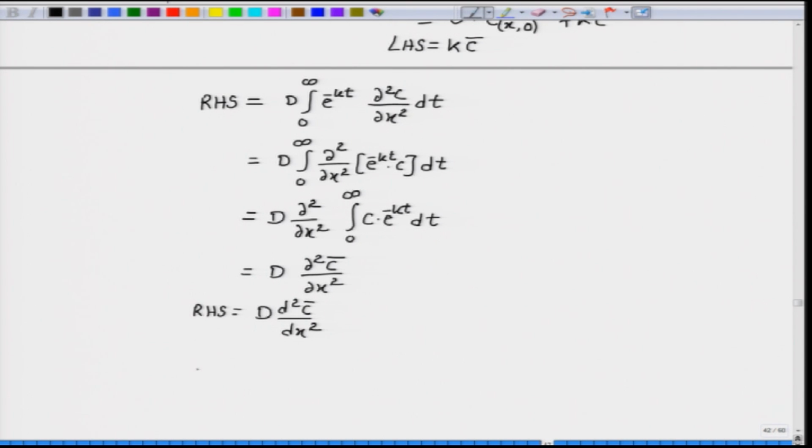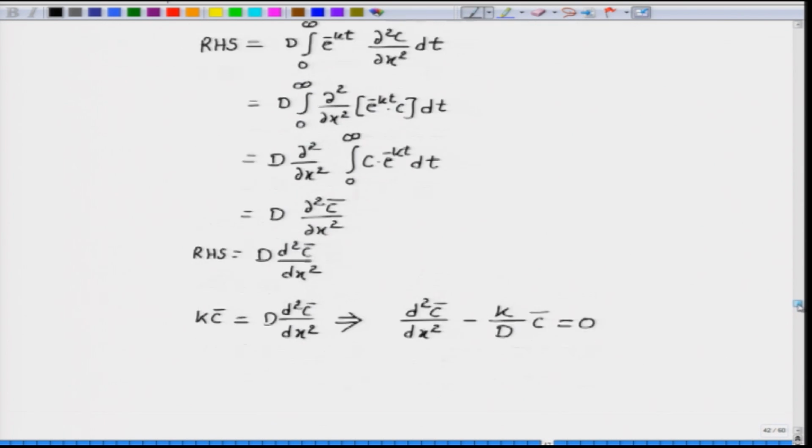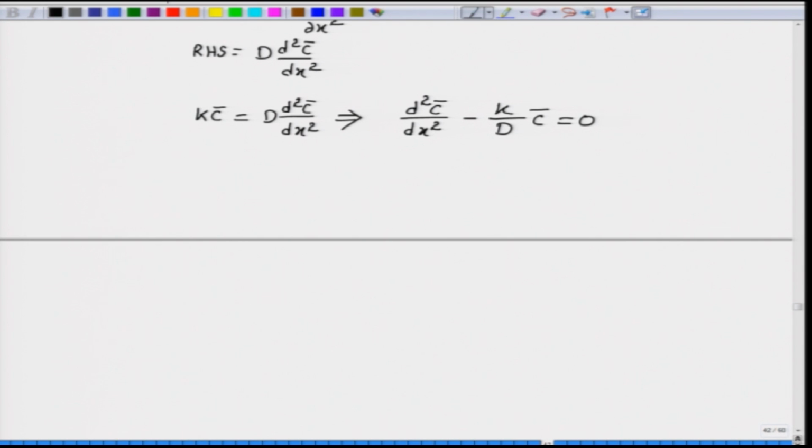And so, if we substitute for LHS and RHS, k c bar equal to d d2 c bar by dx2, or if we rearrange, d2 c bar by dx2 minus, if we take d on this side, k by d c bar equal to 0. This is interesting, right. So, we had a partial differential equation in x and t, and Laplace transform has helped us to transform it to an ordinary differential equation in x, right.